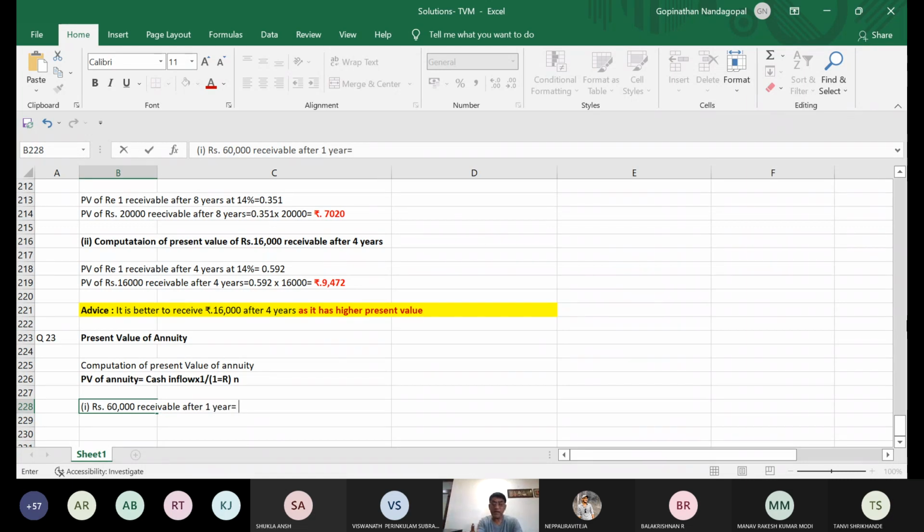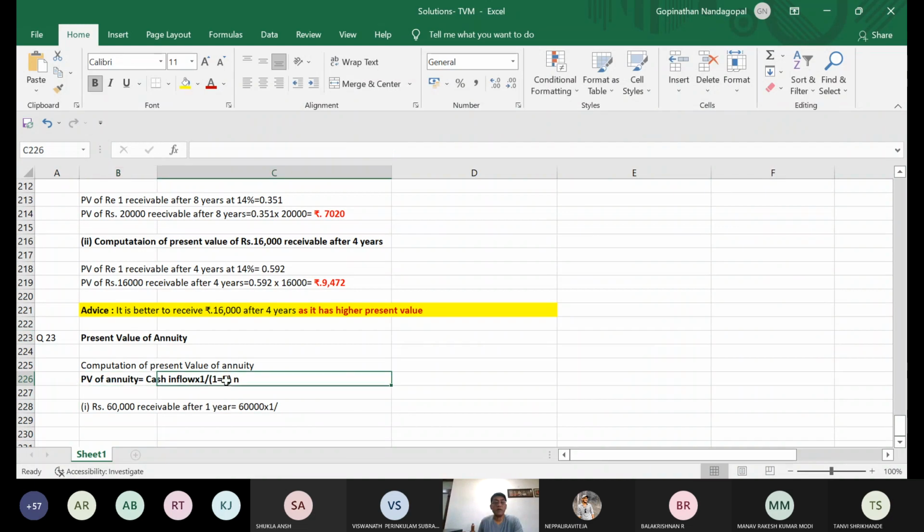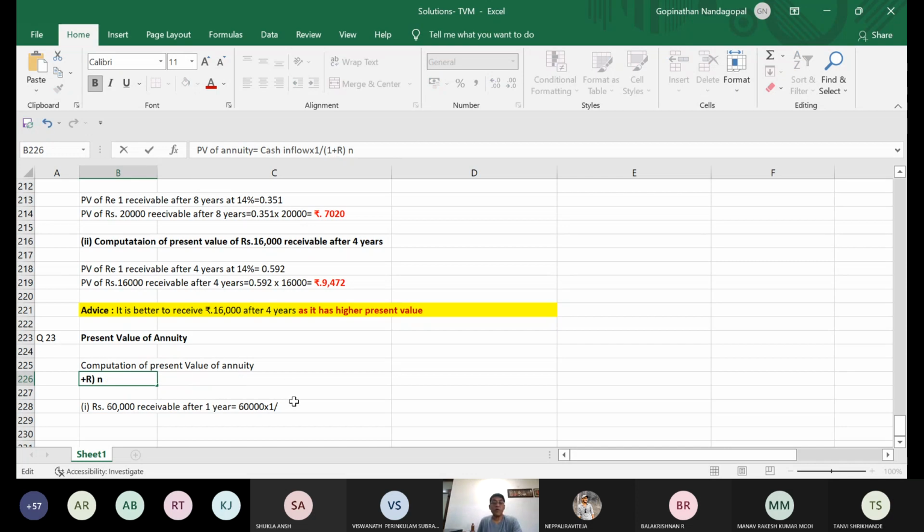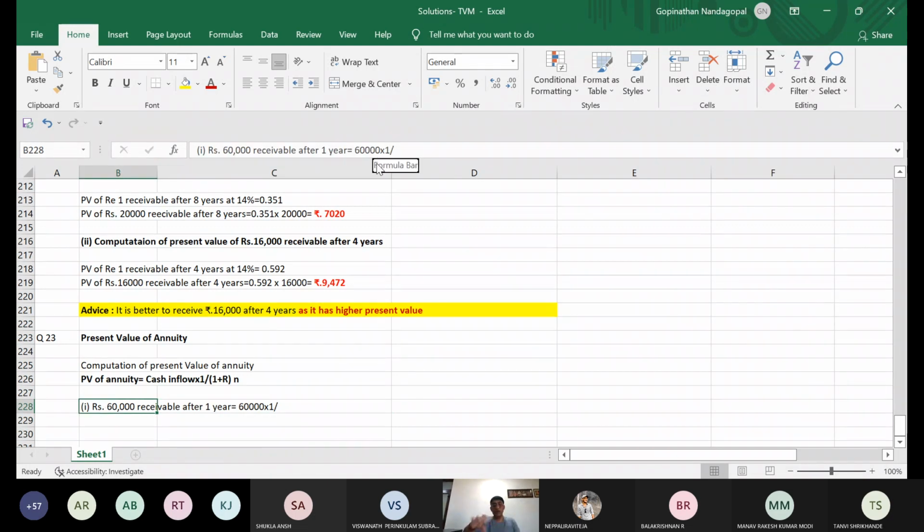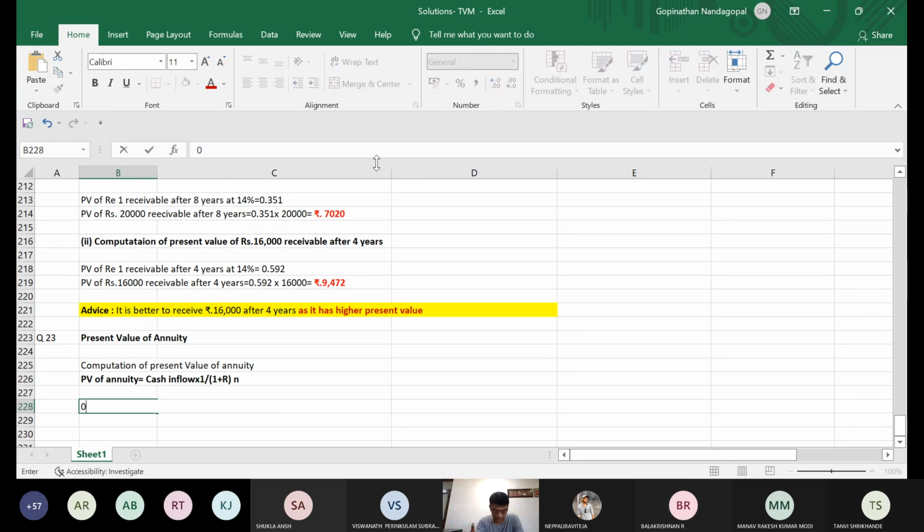So we'll substitute the formula: 60,000 into 1 divided by 1 plus the discount rate, 0.2, whole power n.